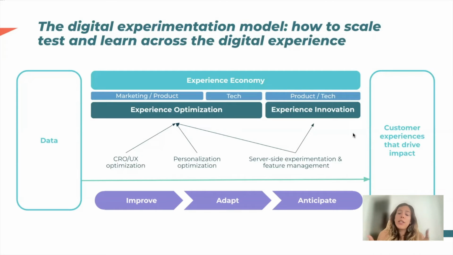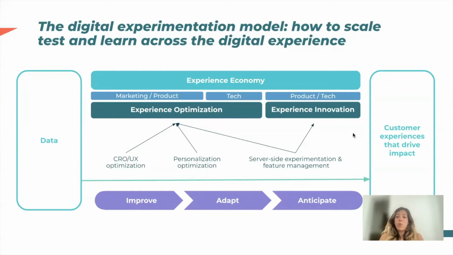But here, the reason why we've really scoped it under product and tech is because we're thinking about it from a feature development perspective. So saying, okay, feature development roadmaps need to have experimentation in there to be able to identify their minimal viable product, to see whether it makes sense to continue to invest in a feature.